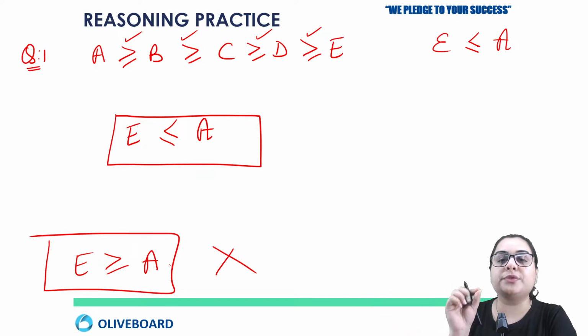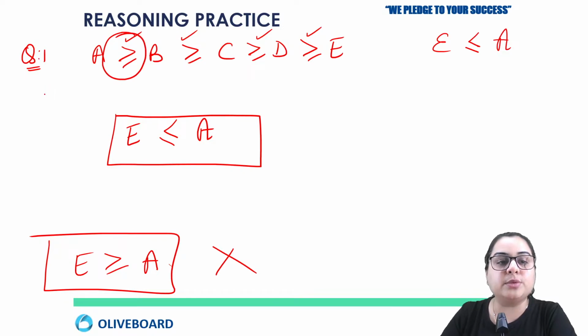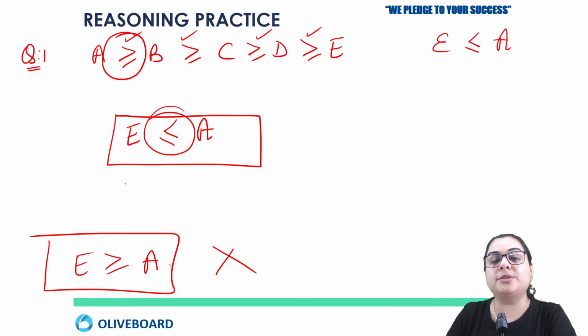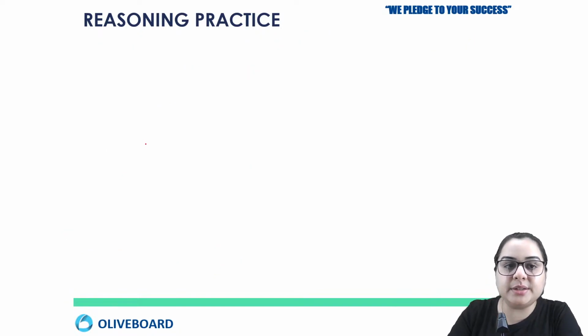You should always focus on the variable. So I hope the first one is clear. You are not going to make this mistake now, because if you always focus on the variable, then although one sign looks greater towards the left side and the other looks greater towards the right side, it is just due to the variable. Both signs mean the same.